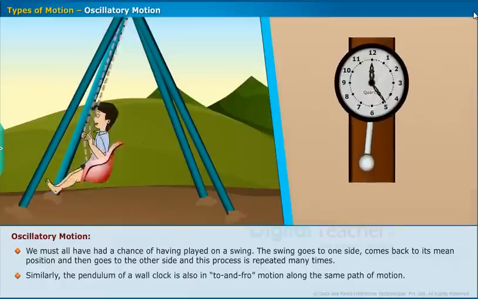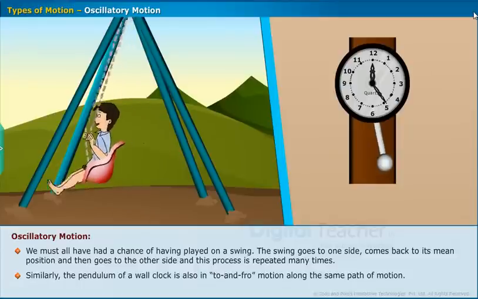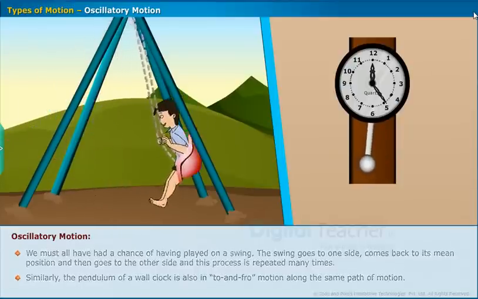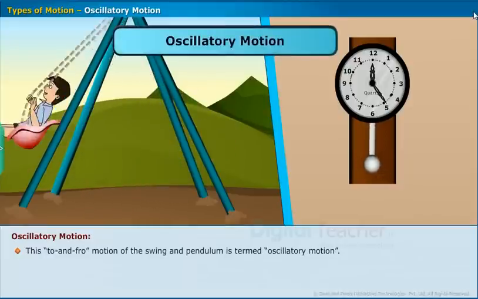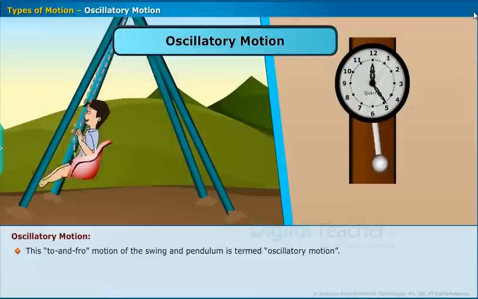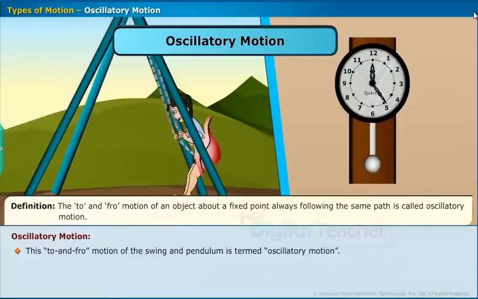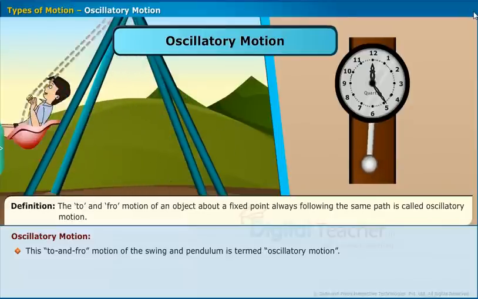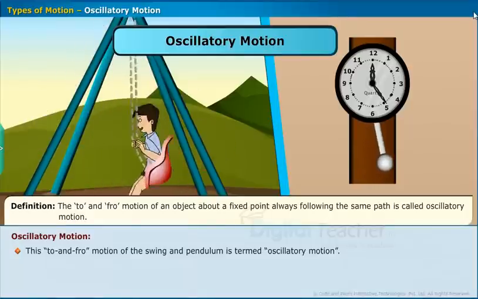Similarly, the pendulum of a wall clock is also in to and fro motion along the same path of motion. This to and fro motion of the swing and pendulum is termed oscillatory motion. Definition: the to and fro motion of an object about a fixed point, always following the same path, is called oscillatory motion.